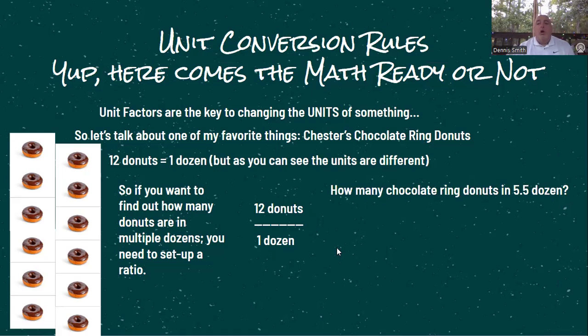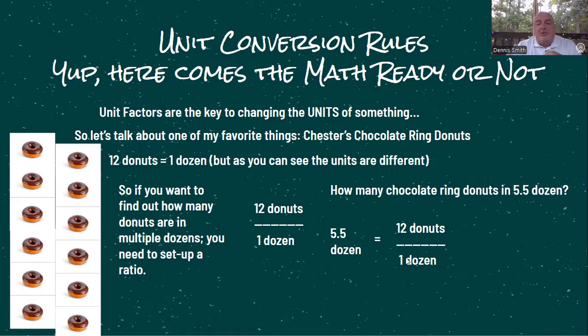All right. Now, what are you trying to do? You're trying to figure out how many donuts there are going to be in 5.5 dozen donuts. Okay. So you have your 5.5 dozen, not over nothing, equals 12 donuts over a dozen. So really, it's 5.5 dozen over 1, okay, equals 12 donuts over a dozen.